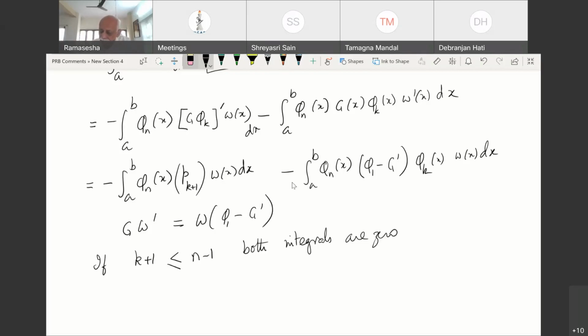Similarly, p1 minus g prime is a polynomial of first degree, because p1 is a polynomial of first degree and g prime only has a linear term in x. If you differentiate alpha plus beta x plus gamma x squared, then g prime will be nothing but beta plus 2 gamma x. So this one is of degree k plus 1. Okay, this is clear.